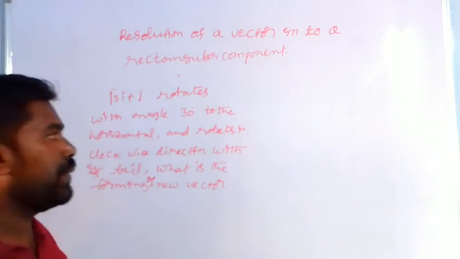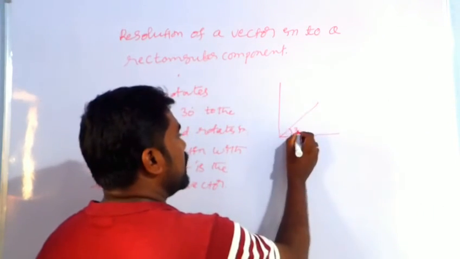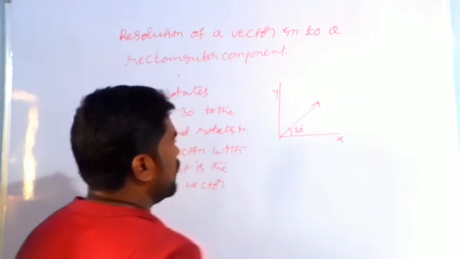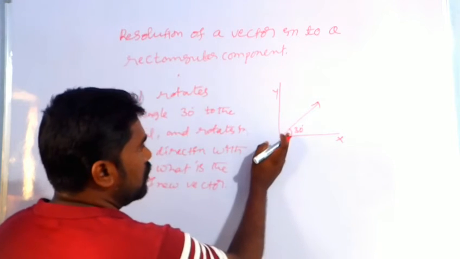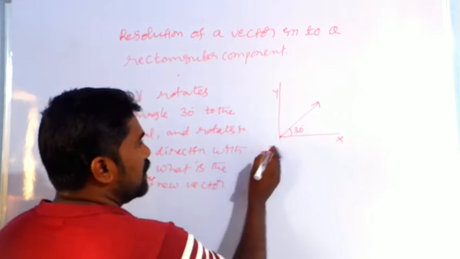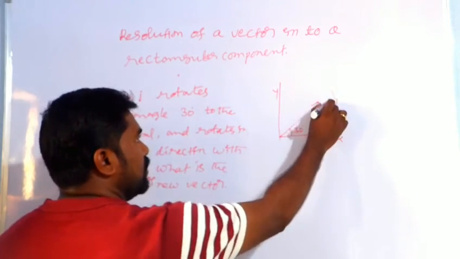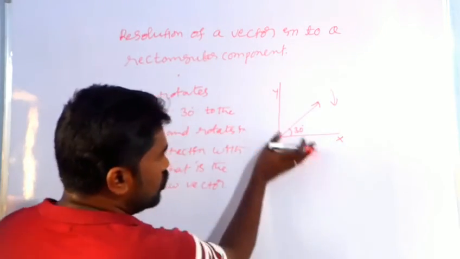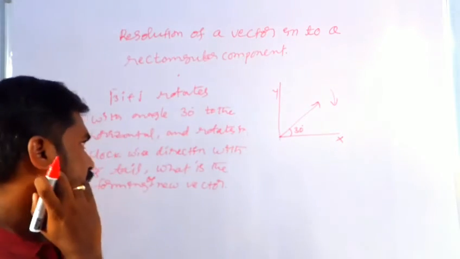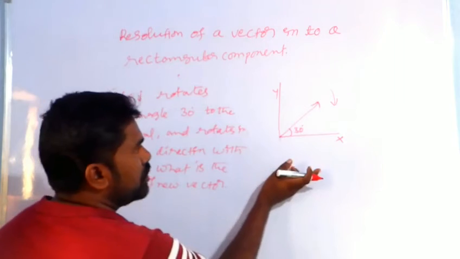So here there is a vector making an angle of 30 degrees with the horizontal, and it moves in the clockwise direction with its tail. So it will move towards the x-axis, and the magnitude will not change, but the direction will change.